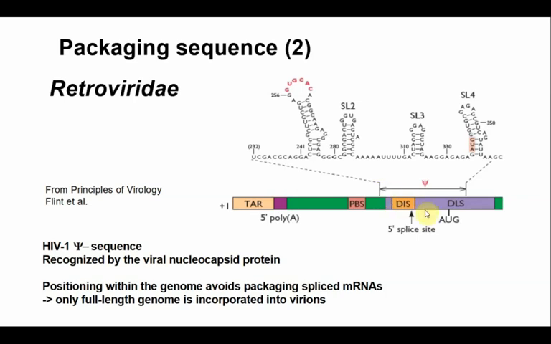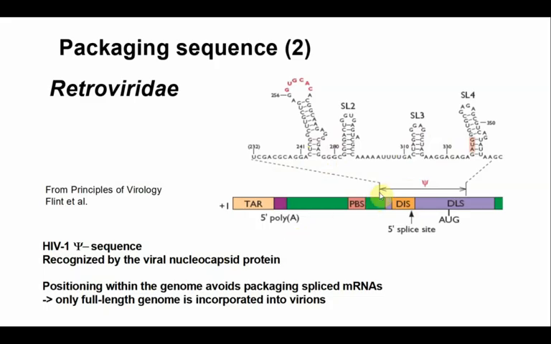Yeah, it's kind of here. So the example here is for HIV-1. For different retroviruses, it can have a different location. So there is secondary structure in the RNA, which is going to be recognized by the viral nucleocapsid.